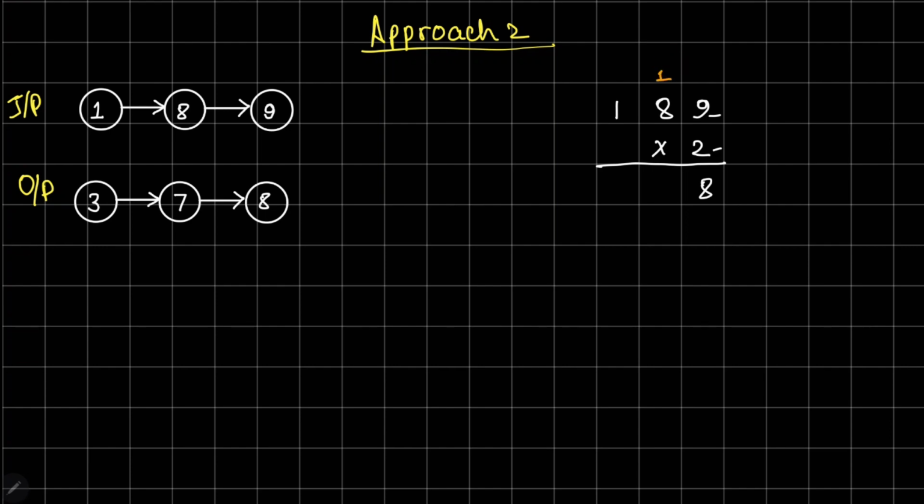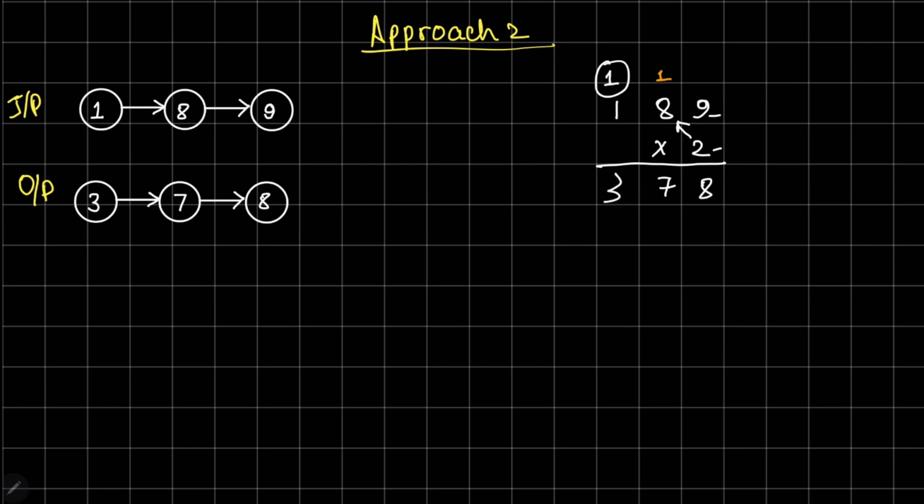So 1 goes to carry. Now we again multiply this. So 2 times 8 is 16, 16 plus 1 is 17. So carry is added, and now again 1 carry is moved here. Now 2 multiplied by 1 is 2, and then this carry will be added, so that would give us 3.